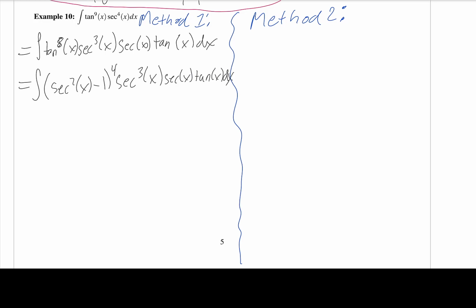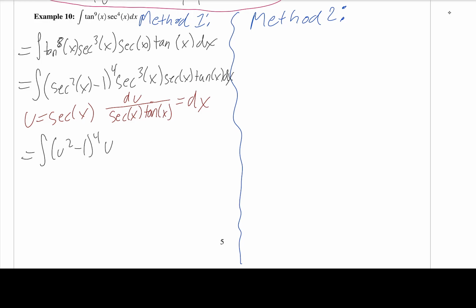And then after we've done this, this is where we do our u sub. So we do u equals secant of x, which means that du over secant x tan x is equal to dx. So then this becomes the integral of u squared minus 1 to the 4th, u cubed, secant x tan x, and then this is du over secant x tan x.